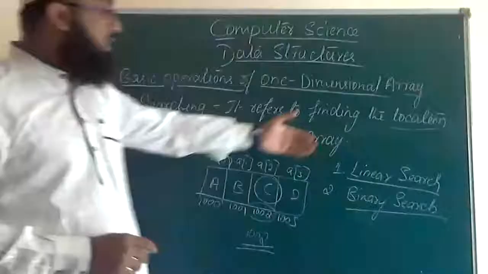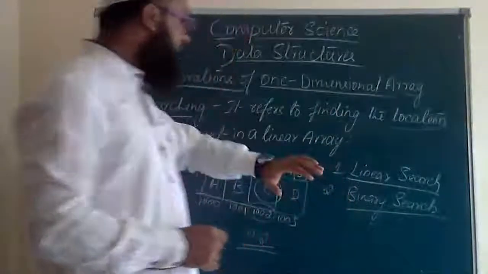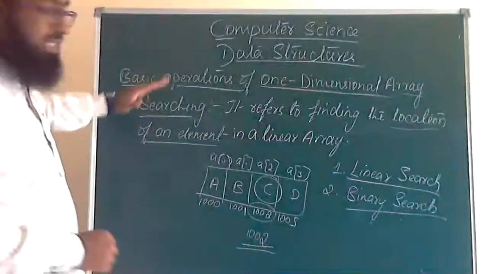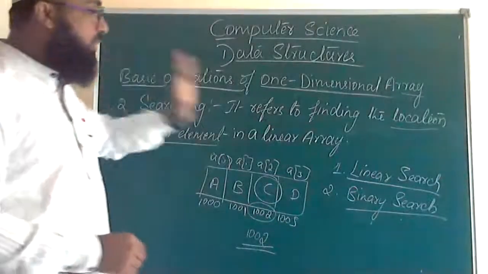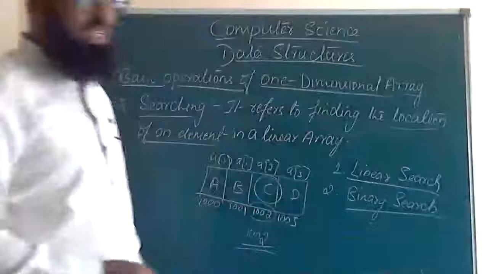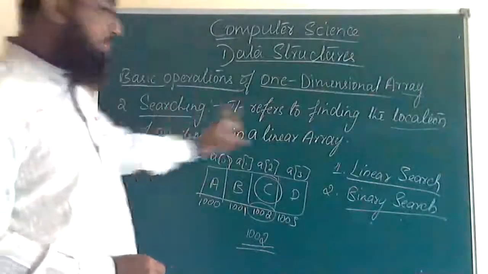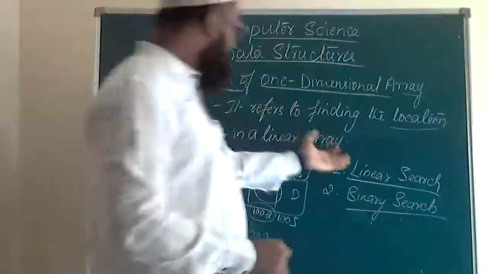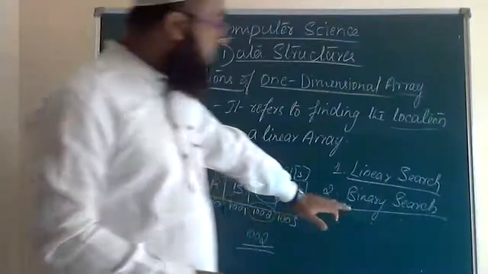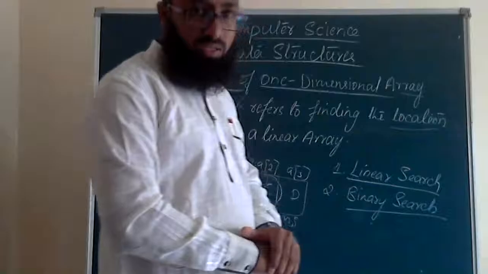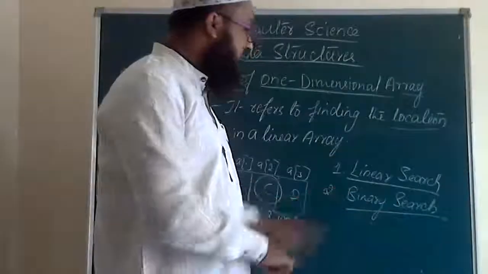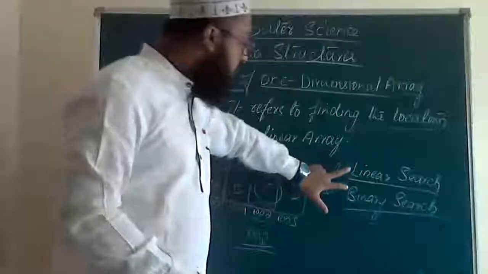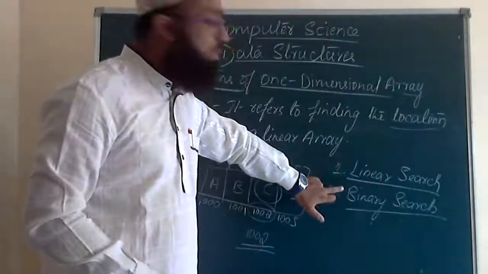So let us discuss these two types: linear searching and binary search. We are discussing in detail the basic operation. The first one is linear search, the second one is binary search. Let us see how the linear search will work and how the binary search will work. When we discuss these two, you will come to know the difference between linear and binary.